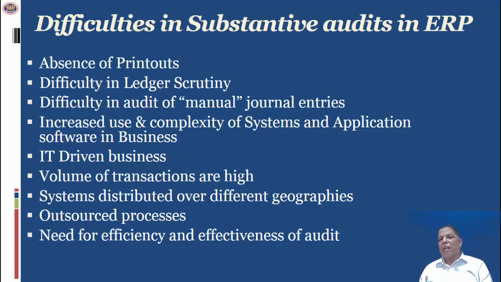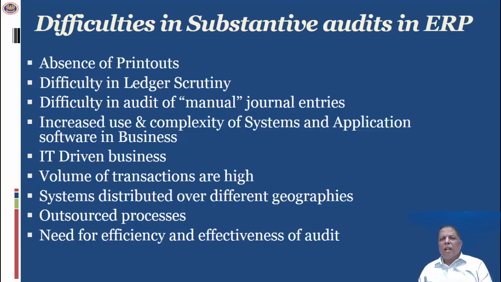Journal entries are clearly fraud risk. Journal entries are clearly risk of management override of controls. And this is hypocritical. I mean, how do you do audit when you have virtually no control on assessing journal entries or doing ledger scrutiny in a traditional way?